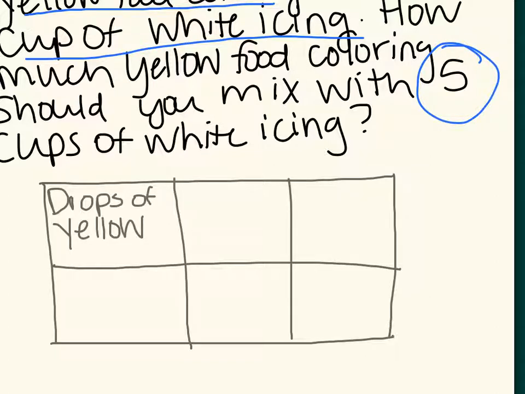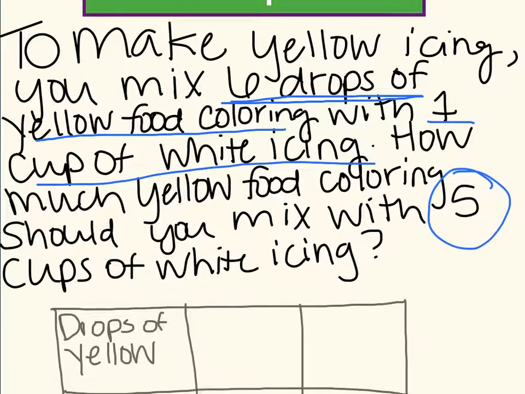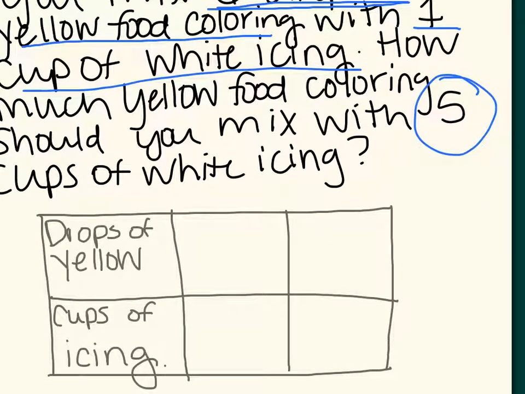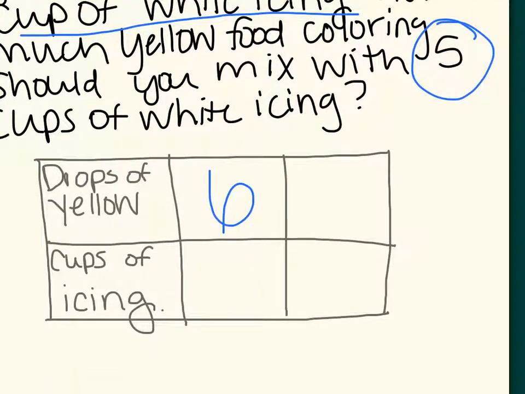We're going to call this one cups of icing. Okay, now if I go back up here, our original problem said we mix 6 drops of yellow food coloring, so I write 6 down in here, okay, with 1 cup of icing.